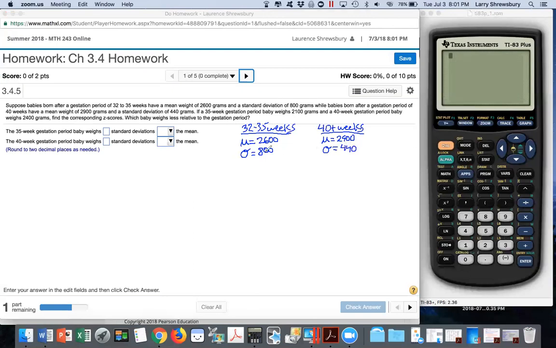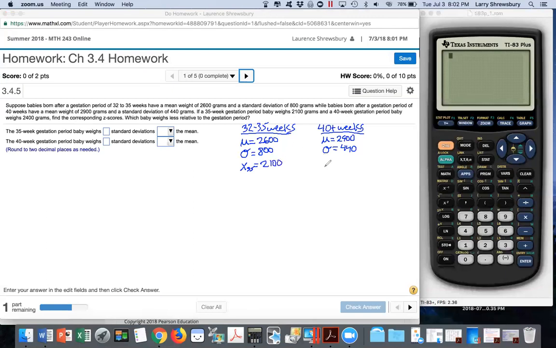Now they're going to give us a data value from this population and one data value from this one, and then we can compare them. How? We'll convert each to a z-score. So if the 35-week gestation period baby weighs, this will be X from the population of 32 to 35 weeks, 2,100 grams.